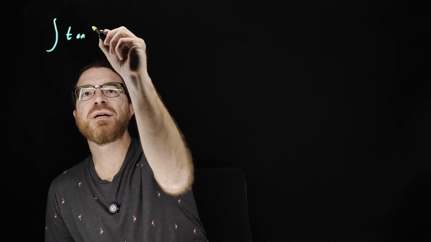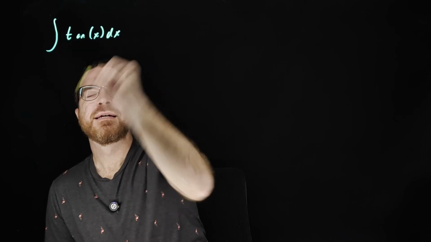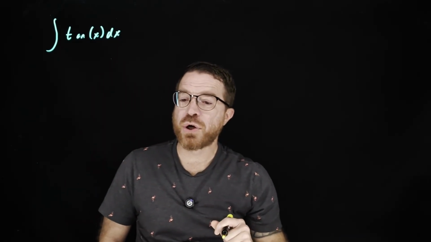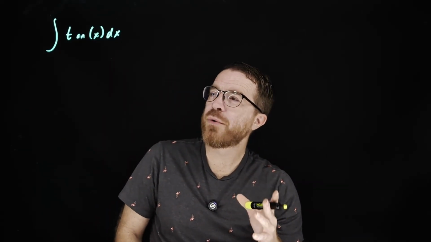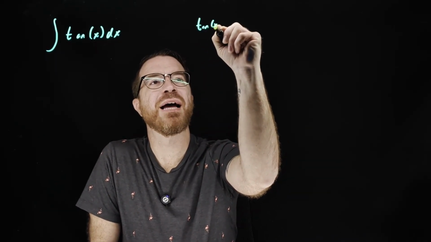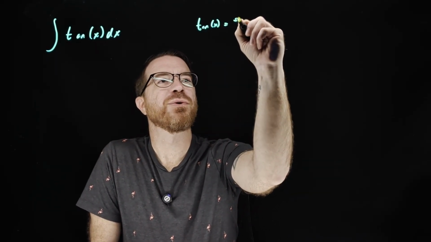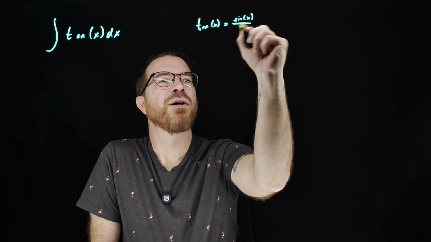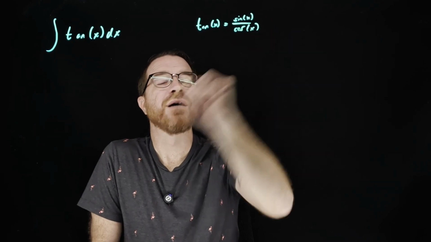For example 5, we want to find the integral of tangent of x dx. Okay, so how do we do this? Well, this one we're actually going to be using the fact that the tangent of x is equal to the sine of x over cosine of x.